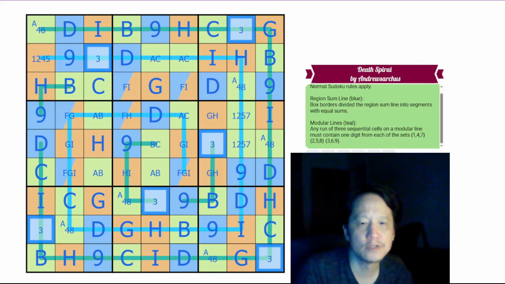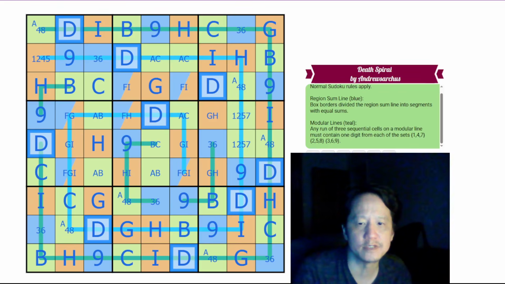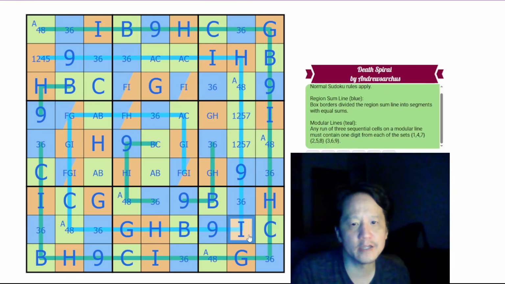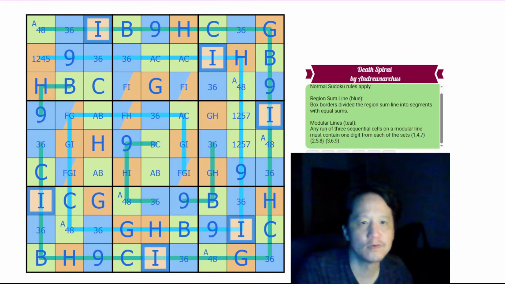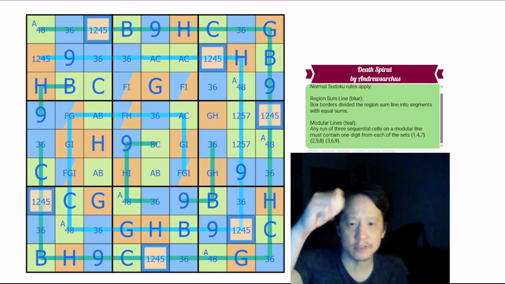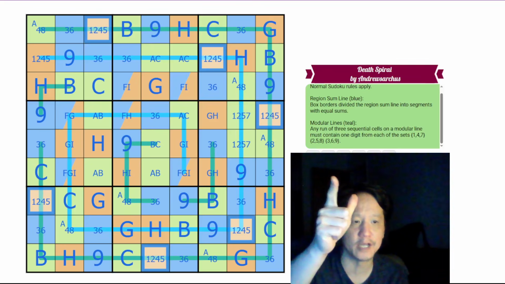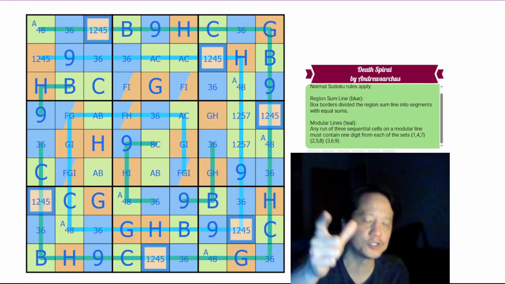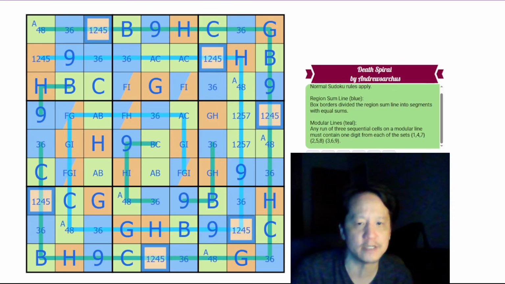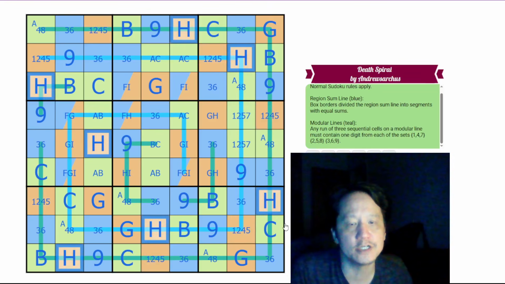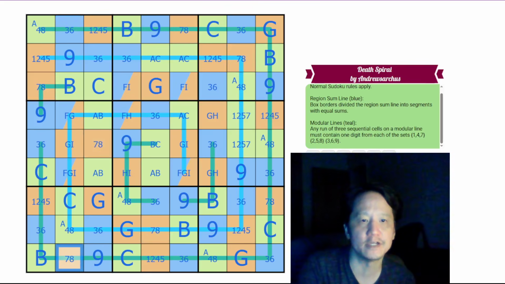D is 3 and 6. So I is also 1, 2, 4, 5. That tells us something. Okay, so I is 1, 2, 4, 5, right? Because it's either 1, 6, and 3, 4 adding up to 7, or it's 2, 6, and 3, 5 adding up to 8. So that means H is guaranteed to be 7 or 8. So this is 7 or 8 here for the H.